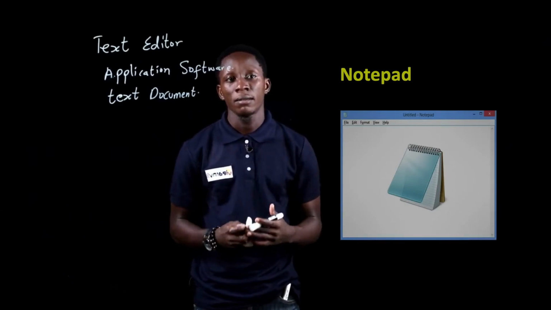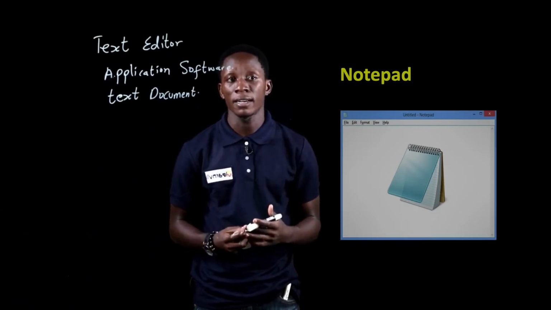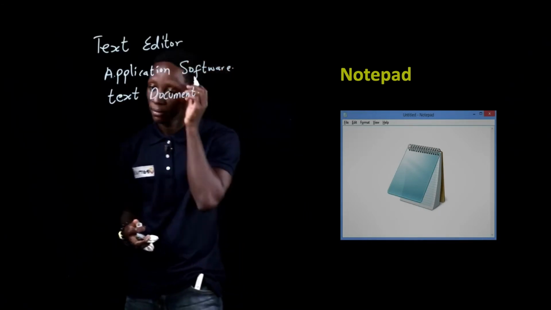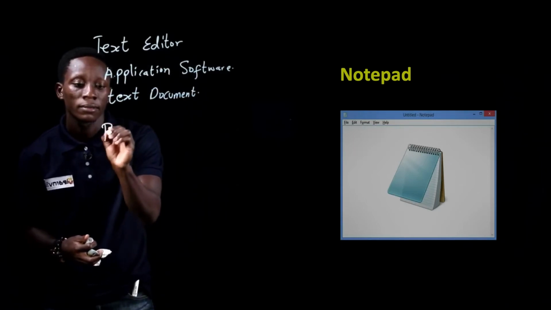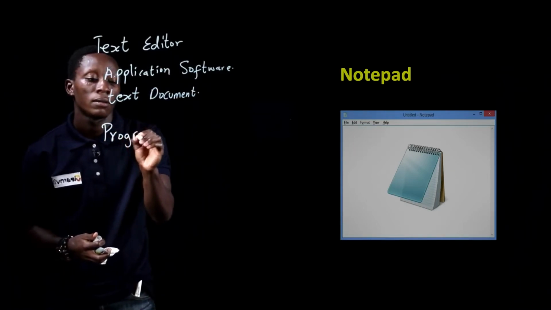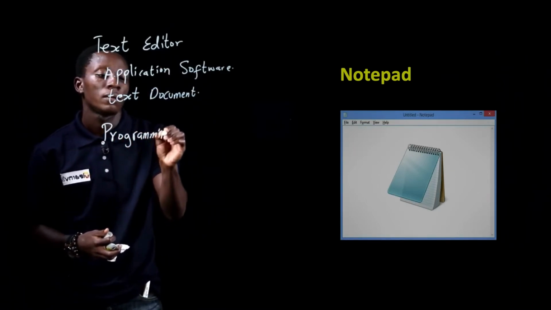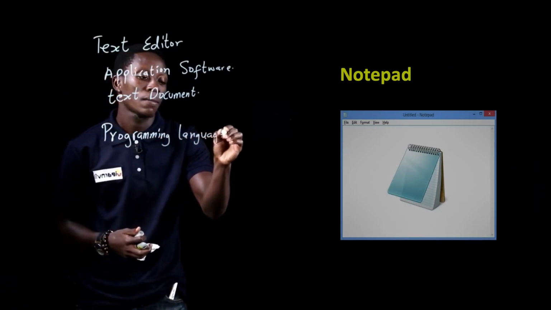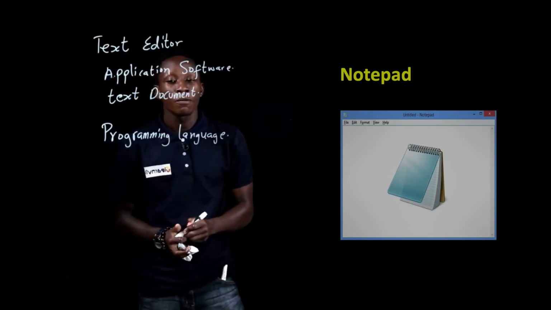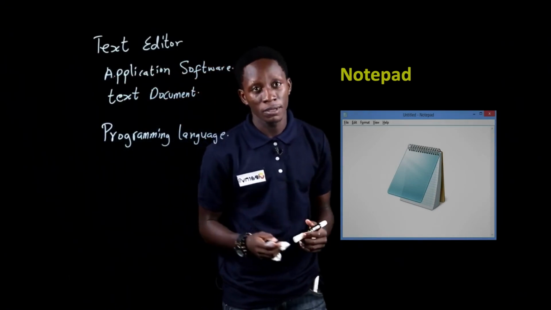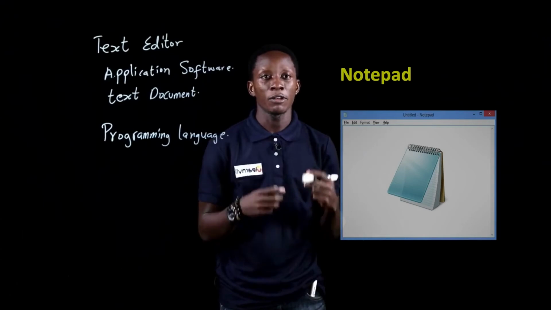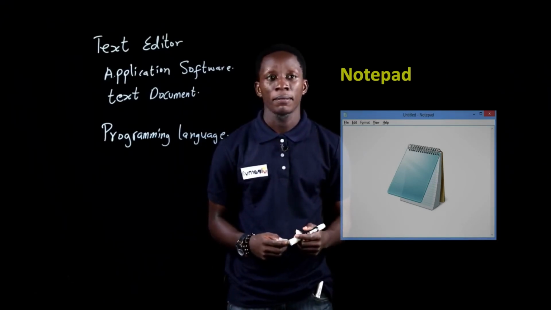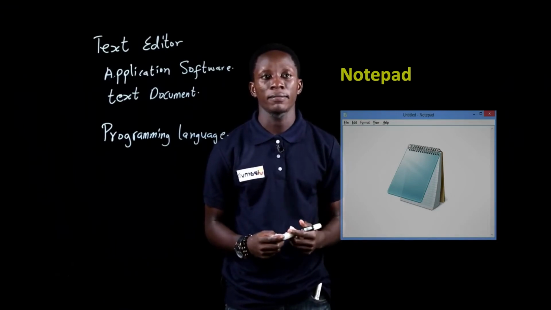And this Notepad is normally used in programming languages. So we'll get to know about programming languages and we will use the Notepad more when we are looking at programming in our subsequent lesson.